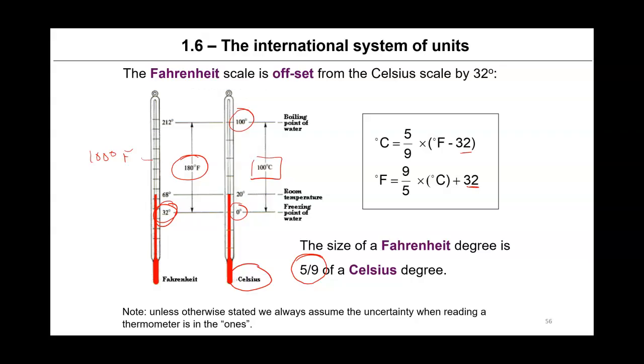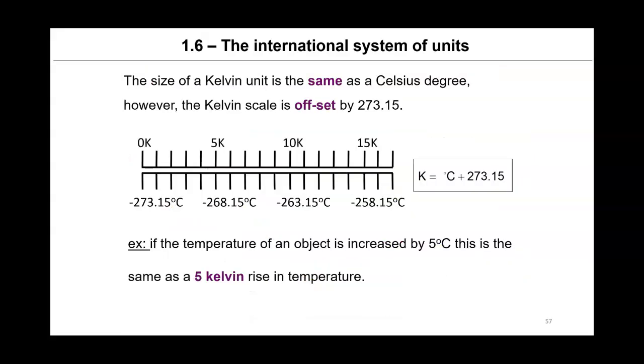So that's the origin of these formulas. The 32 accounts for the difference in the 0 points, and the 5/9 or 9/5 accounts for the difference in the size of the Fahrenheit and Celsius degree. Now, when Professor Kelvin came along and made his scale, he took a much simpler approach.